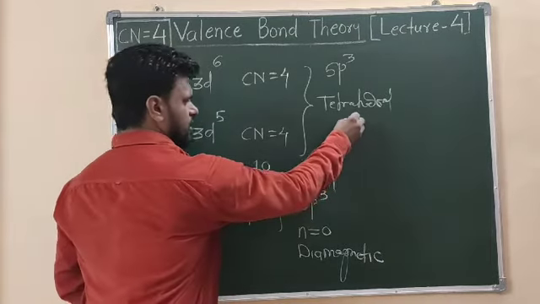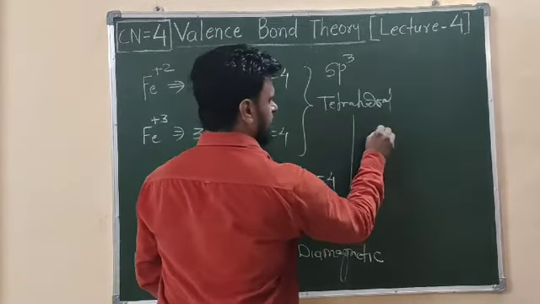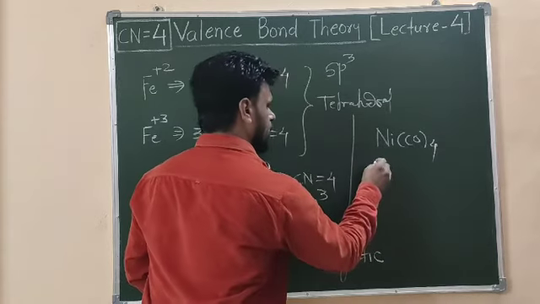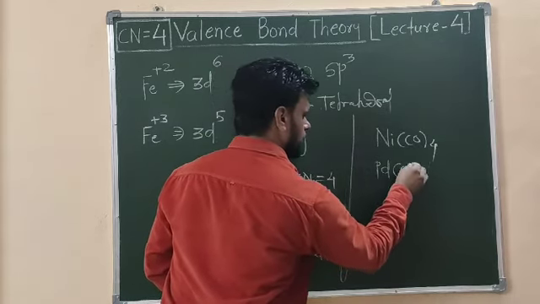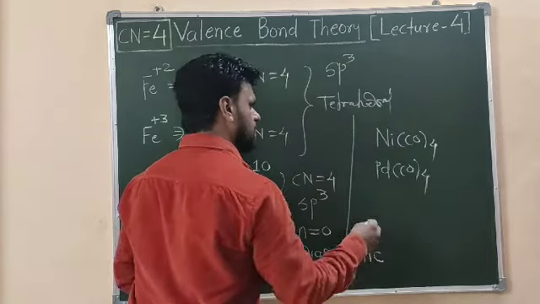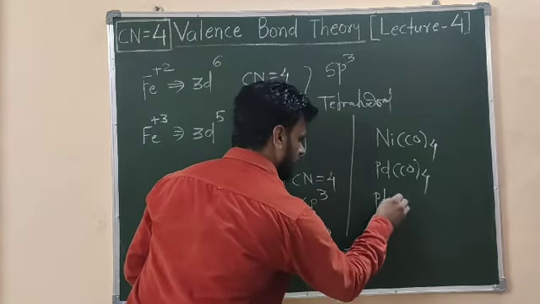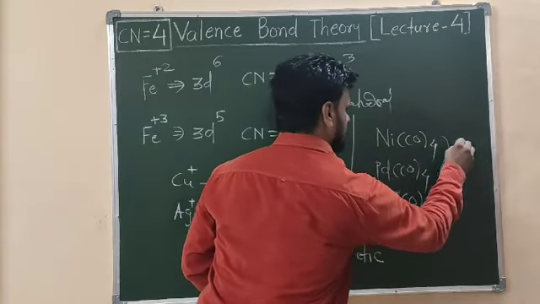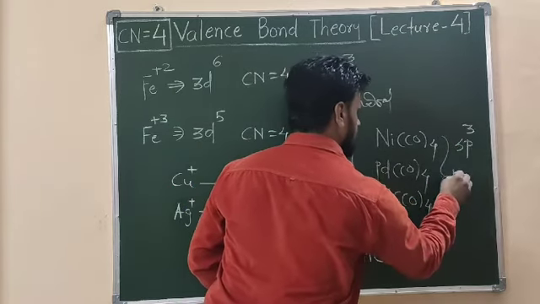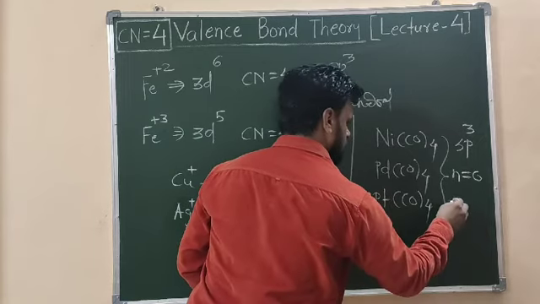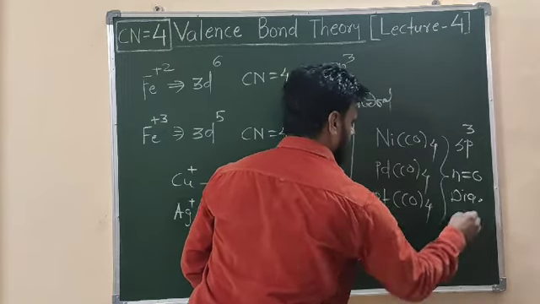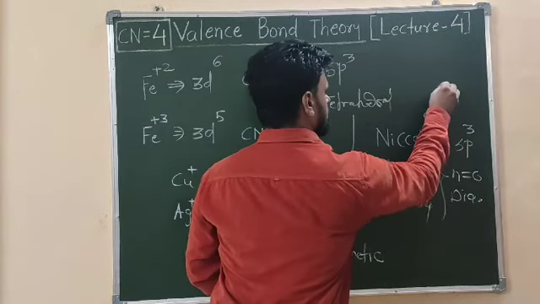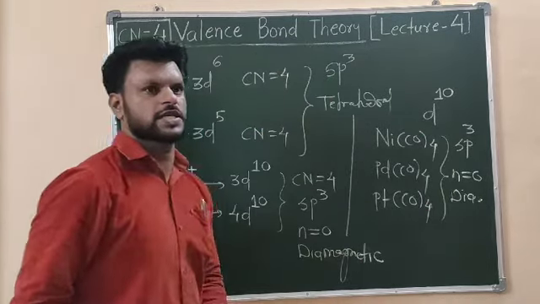Right? So if we have a d10 system, let's take a nickel Ni(CO)4 complex, or a palladium Pd(CO)4 complex, and a platinum Pt(CO)4 complex. All these complexes have sp3 nature, n is equal to 0, and these are diamagnetic complexes, because all these are d10 electronic systems.